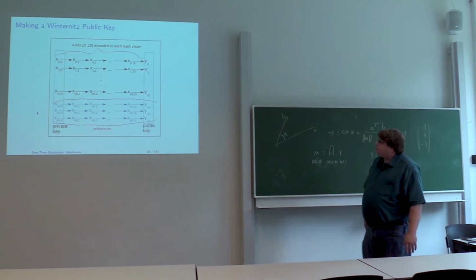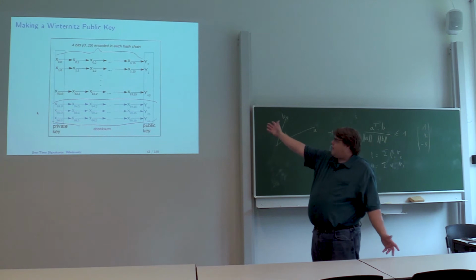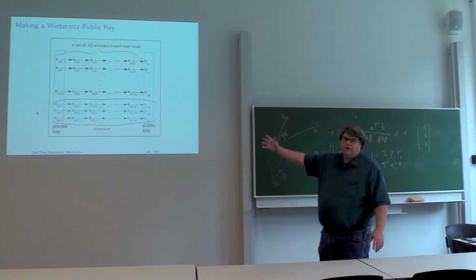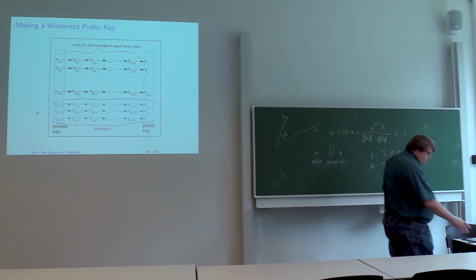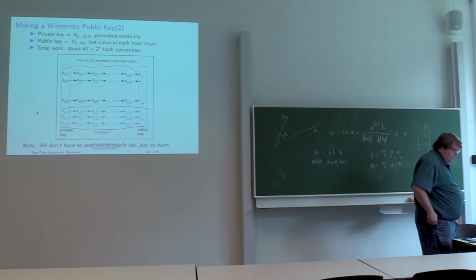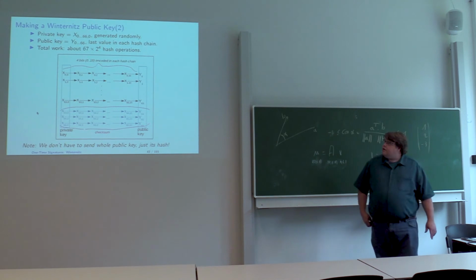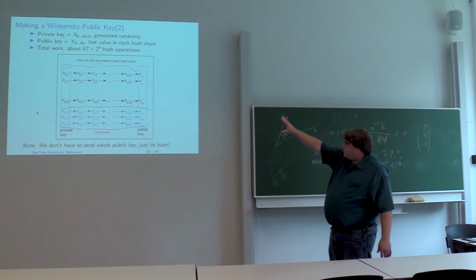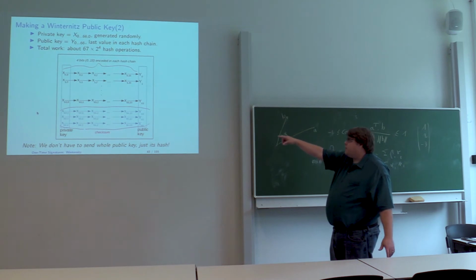So for making a Winternitz public key, in this case we've got the first 64 chains that are going to be used for the hash, and then the last 3 that are going to be used for the checksum. And this is the amount of work we're going to do to compute this.